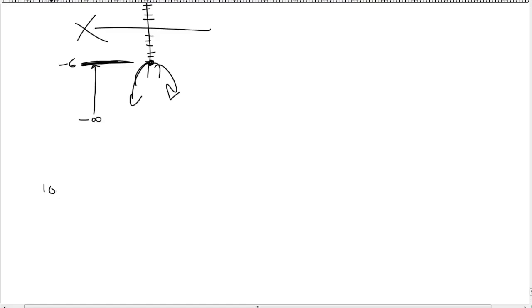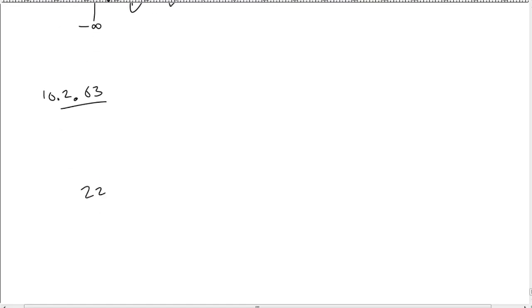Last problem, 10 to 63. 225 y squared minus 2025 x squared is equal to 455,625. And they say, how far apart are the vertices?